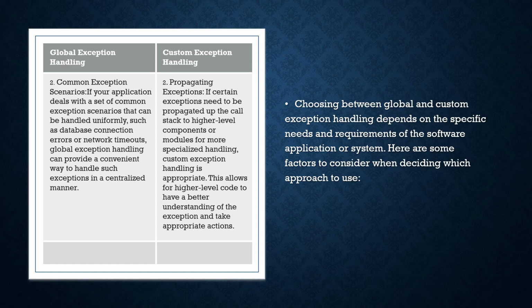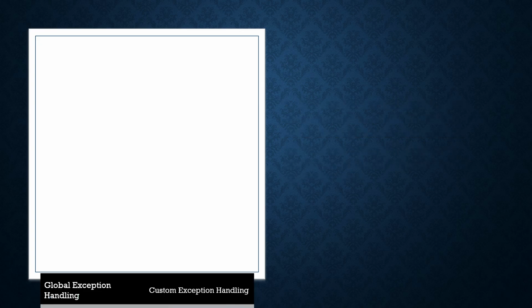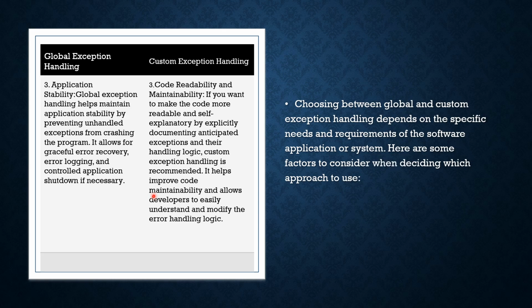While if there are scenarios where we want to propagate the call to higher level components or modules for specific handling, custom exception handling will be useful. This allows higher level code to have a better understanding of exceptions, and they will take the appropriate action.